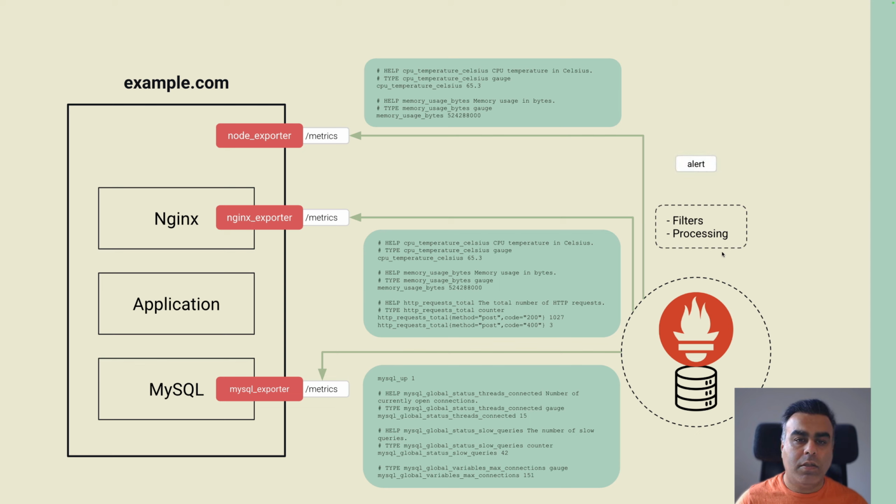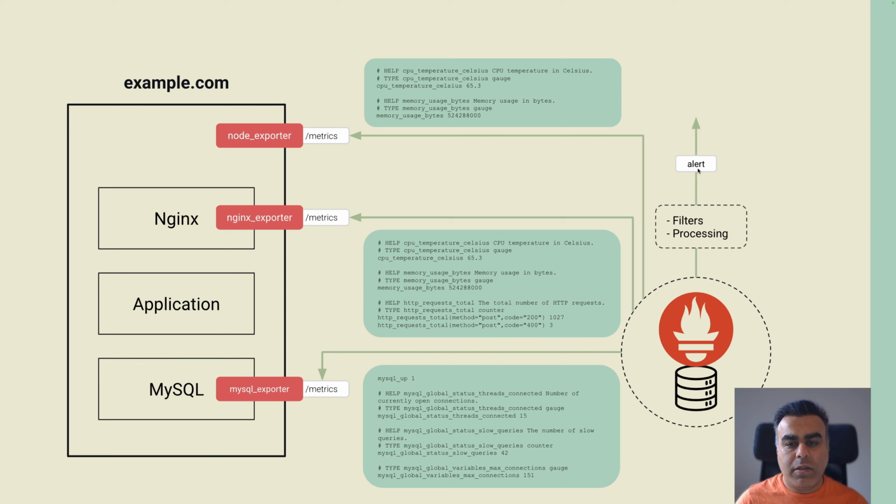For instance, suppose that I want to know if the CPU usage of this instance was more than 95% over 5 minutes, I want Prometheus to create an alert. So this is the scenario where I can create a rule in Prometheus and tell it, hey, if the CPU usage metric that you are collecting was more than 95%, just create an alert.